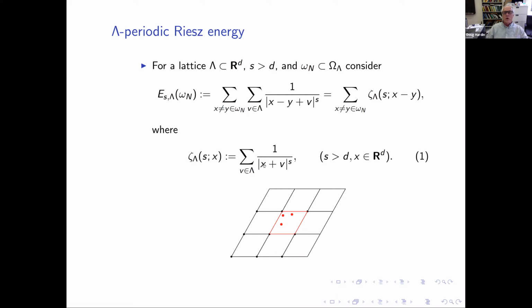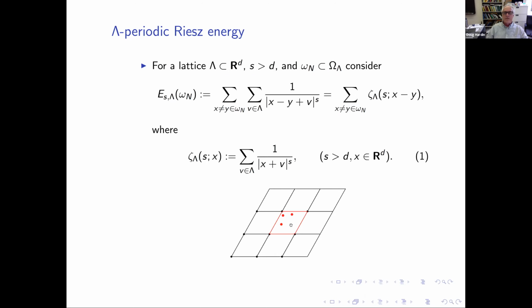If we were to put in x equals 0 and remove v equals 0 from the sum, then this would be the Epstein zeta function. But these will be translates of that function.